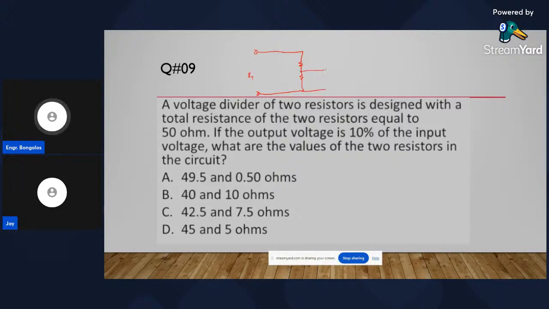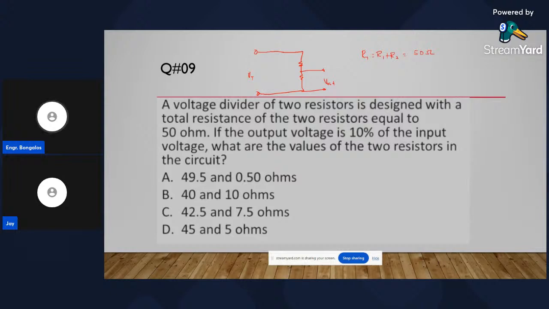Then, itong part na to, ito yung magiging V out natin. Then, yung isa naman, yung magiging V in natin. So, sabi dito, connected in series. So, yung R total natin is equal to R1 plus R2, which is equal to 50 ohms.